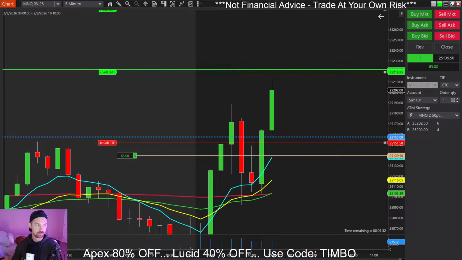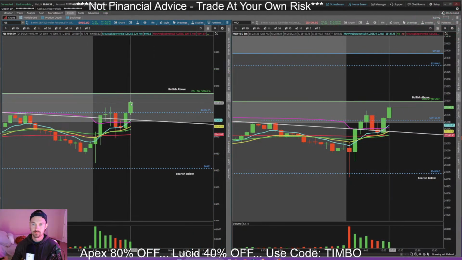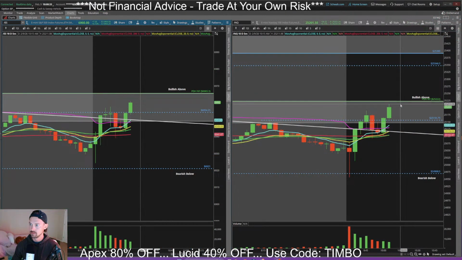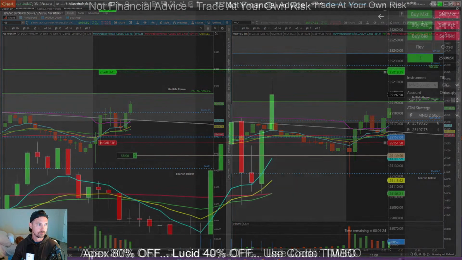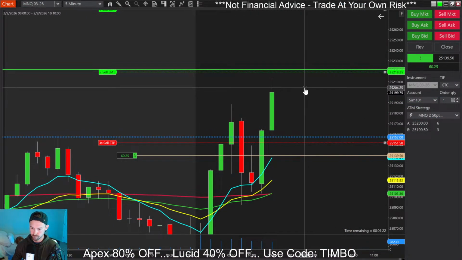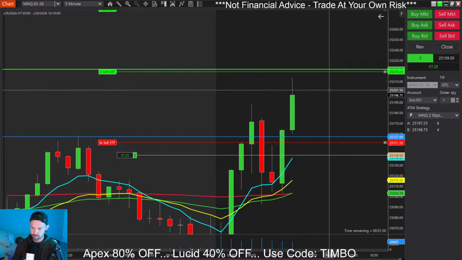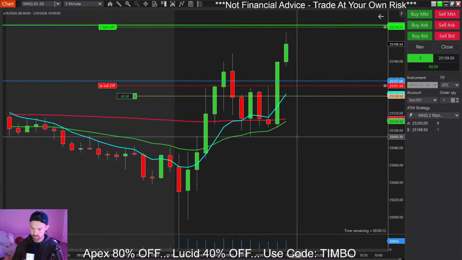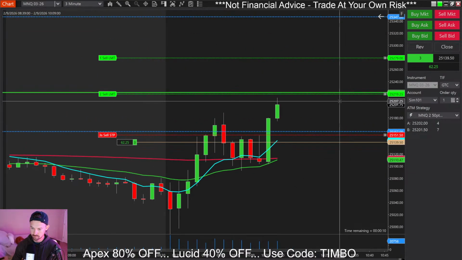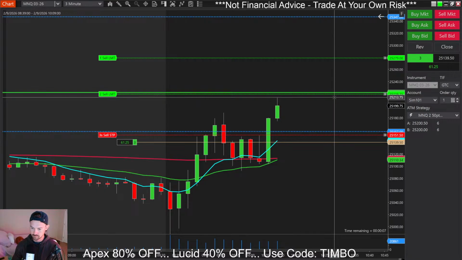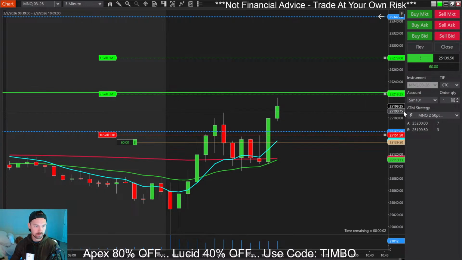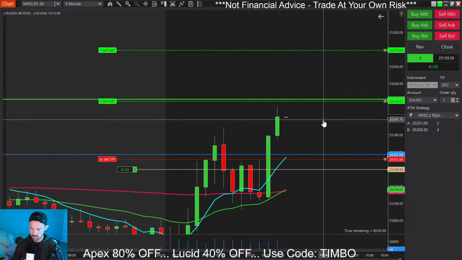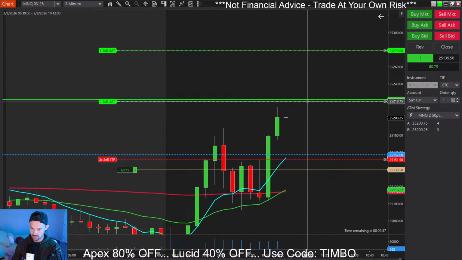ES looking pretty good as well on the left here. Five seconds on a new 3-minute candle. We get that push up a little bit higher here.